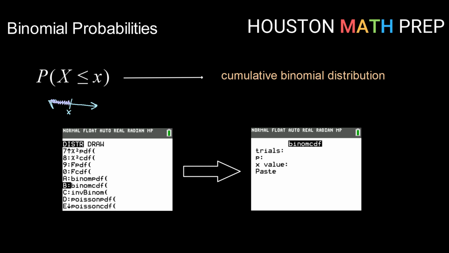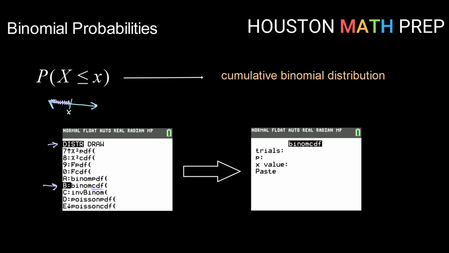So our binomial cumulative distribution function, or CDF, is once again underneath that distribution menu, just underneath the binomial PDF. So CDF is for cumulative distribution function.